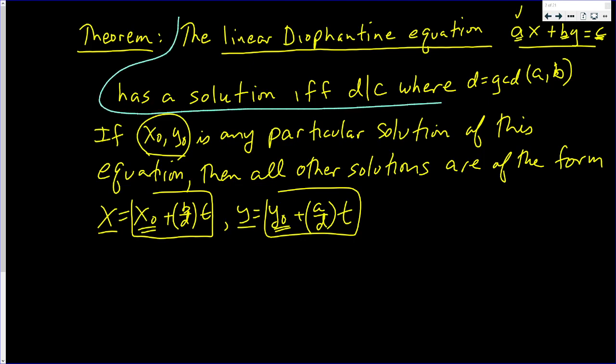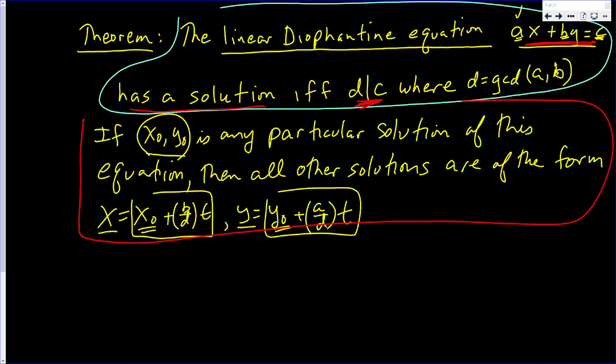Part a is an if and only if proof. That is, I need to show that ax plus by equals c has a solution if and only if d divides c. And part b is this right here: if there is a solution, then we can generate infinitely many solutions. So let's get right into the proof.